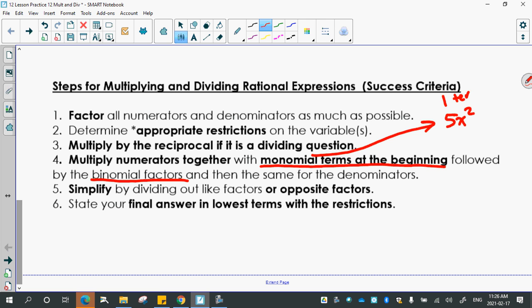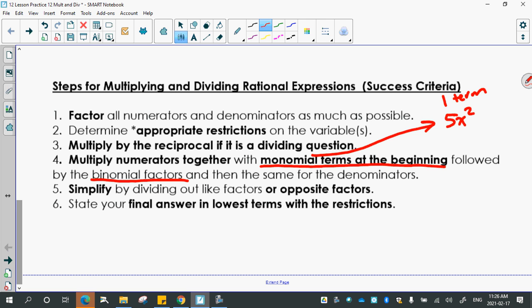So if you have something that's one term, or you multiply a couple of one-term things together, put that at the beginning, and then all your binomials, x minus 5, x plus 4, x minus 2, come afterwards. When you multiply, it doesn't matter which order you multiply things in, it's just nicer to have your monomial at the beginning, and then all your binomials after it. And then you do the same thing in the denominator.